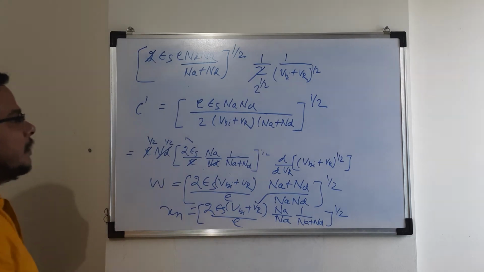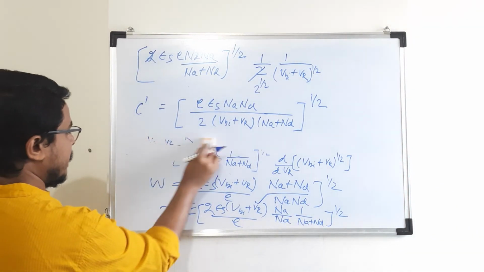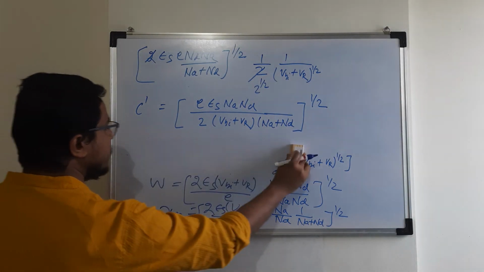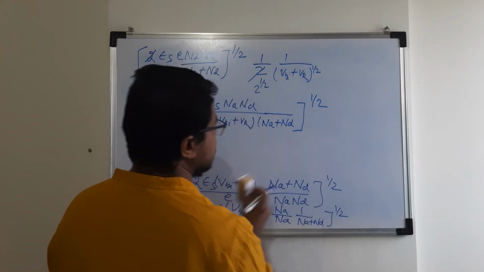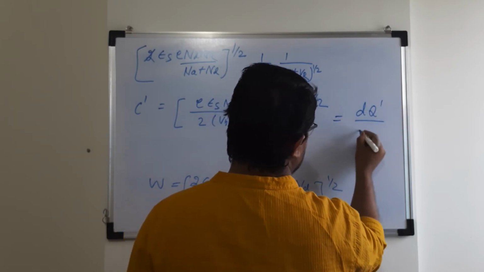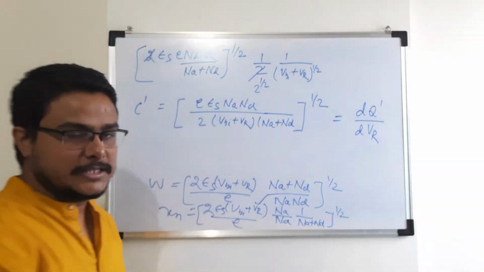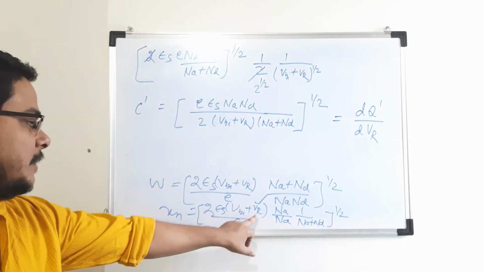So this is our junction capacitance or depletion region capacitance, and we obtain this simply by taking dq dash by dVr, writing q dash in terms of dxn, because xn is a function of Vr.